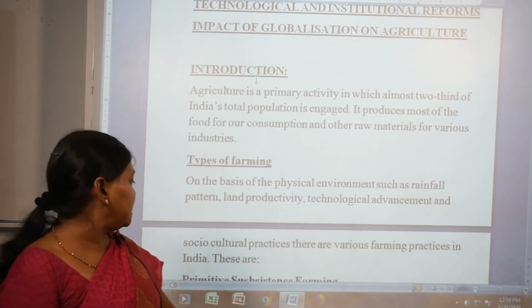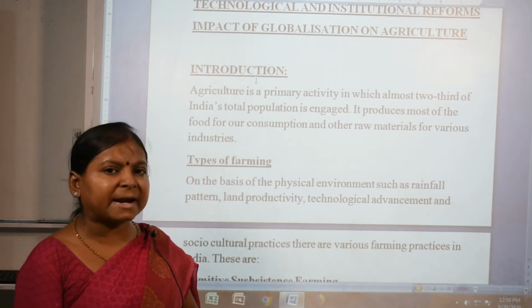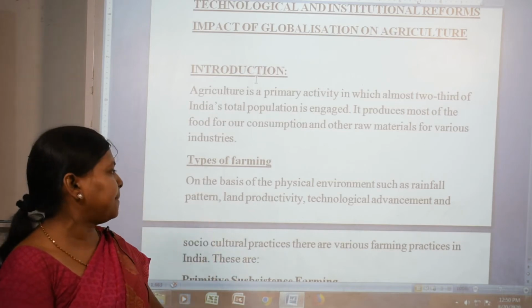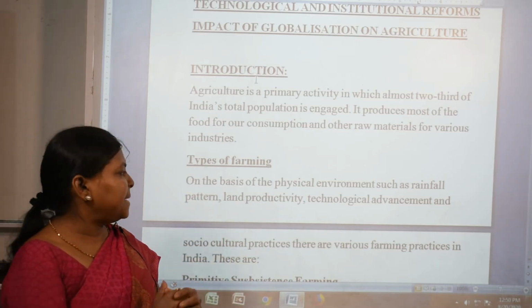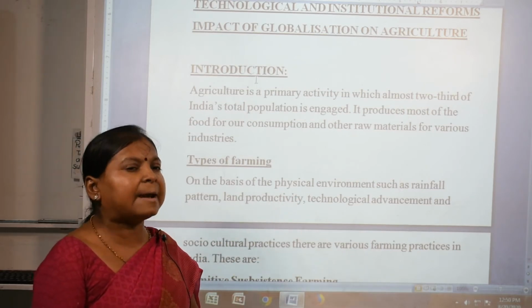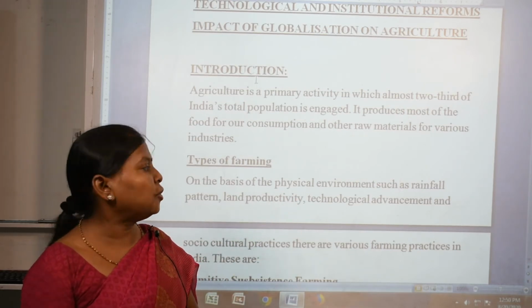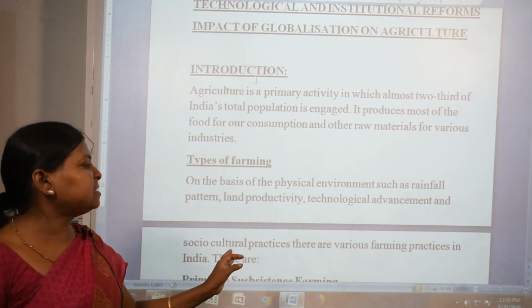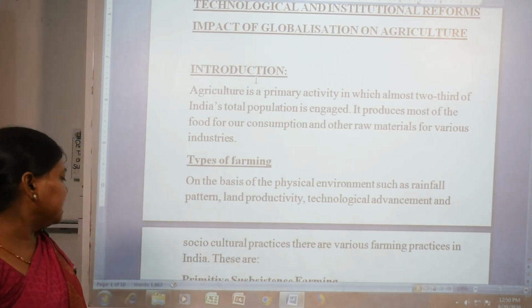Then technological advancement and socio-cultural practices. So these are the various farming practices in India. What are the main bases? Physical environment, which means rainfall pattern, land productivity, technological advancement, and socio-cultural practices.